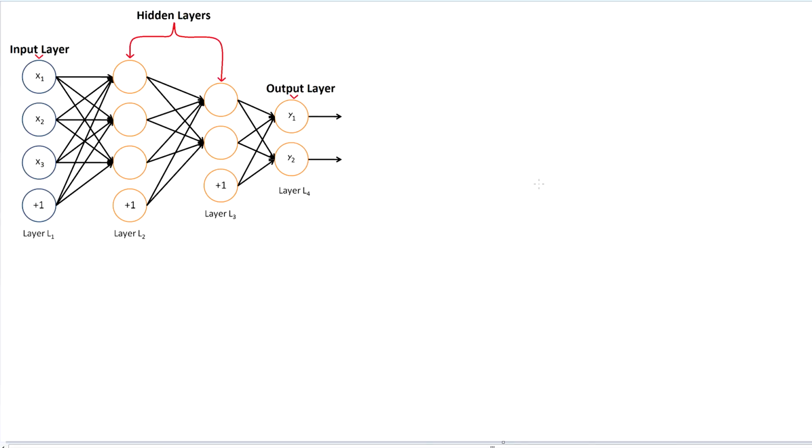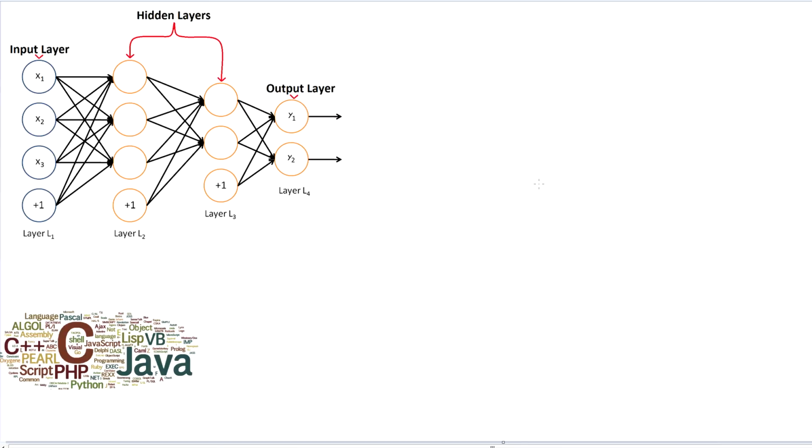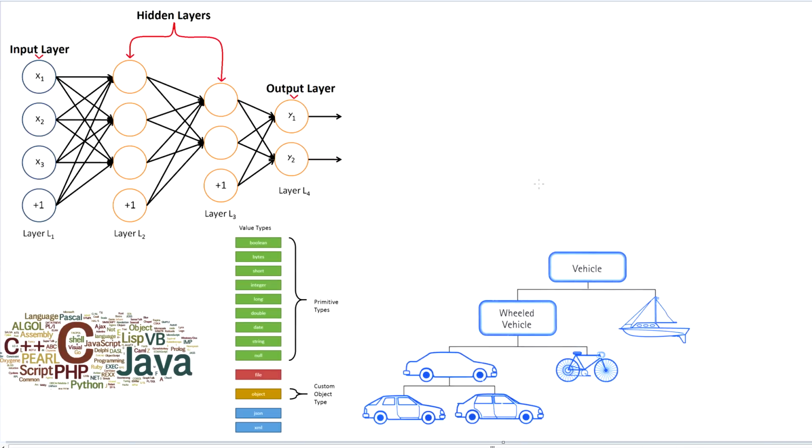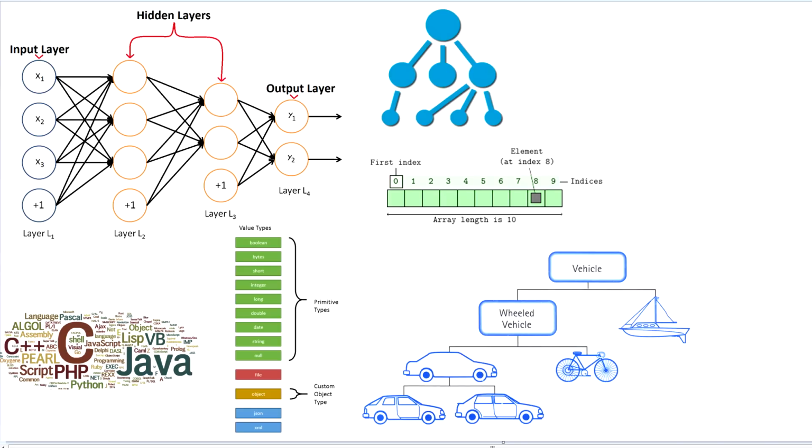So now I'm going to get into the concept of a feed-forward neural network and how we can create data structures for it in a programming language. One thing that I am expecting you guys to already have is a background in at least one programming language. It could be anything, just a basic idea of at least one programming language. Have basic ideas of things like primitives and reference variables, the concept of object-oriented programming, and some ideas of really easy data structures, you know, things like arrays and lists.